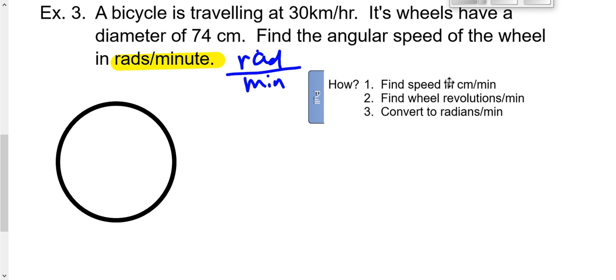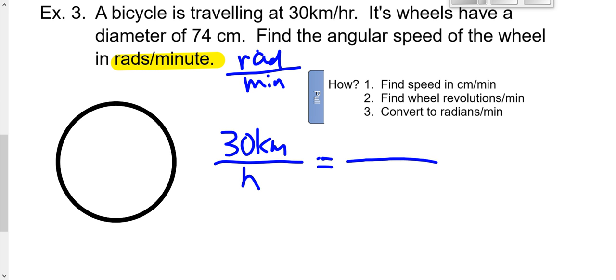So let's do this here. 30k an hour. If you want, put down a 1, right? If you don't feel comfortable. So now let's do it step by step. So let's convert kilometers into meters. So how do we do that? We times it by 1000.